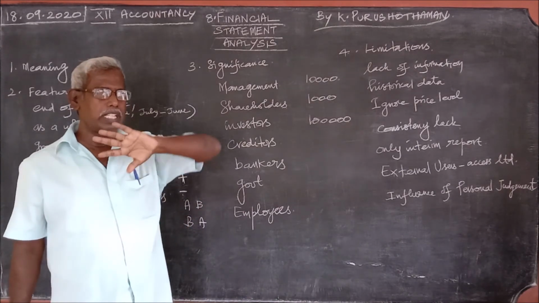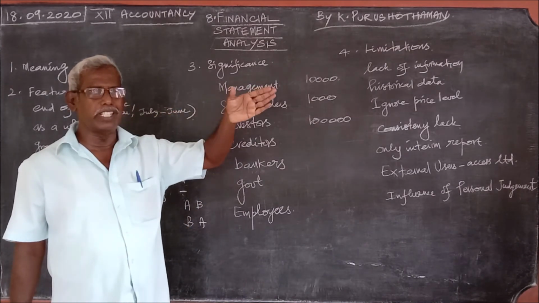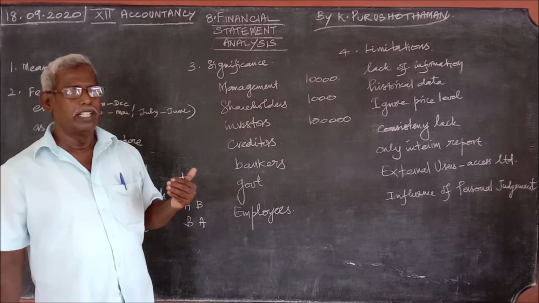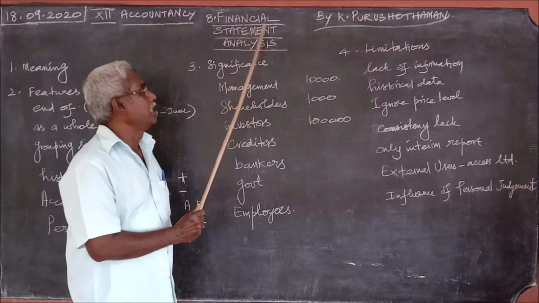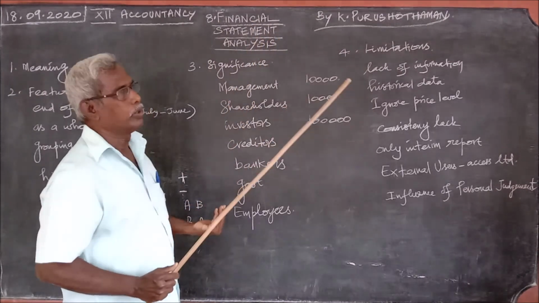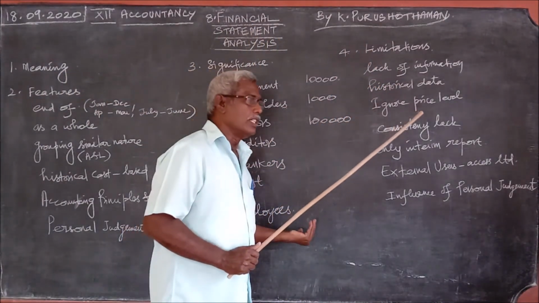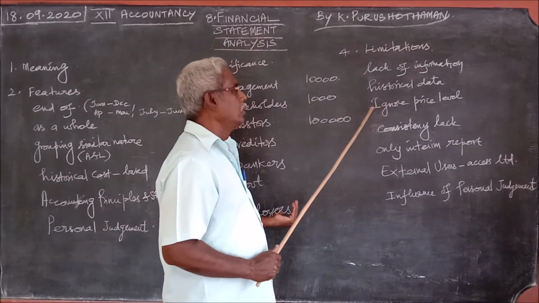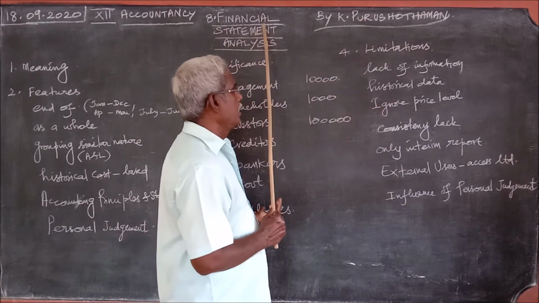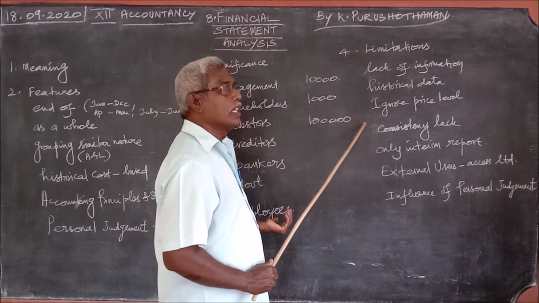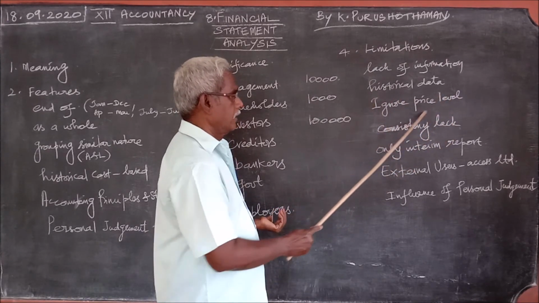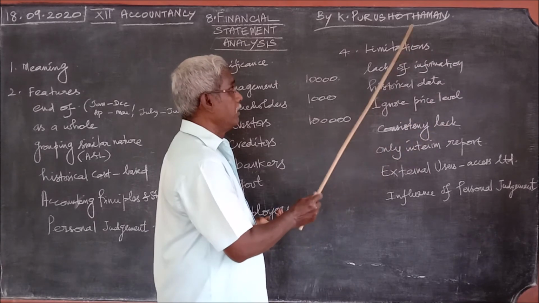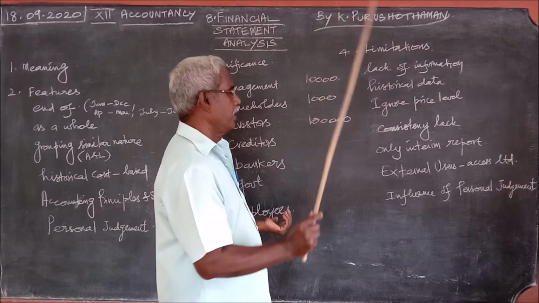So there is fluctuation, there is variation in the prices, and without considering those variations, the financial statement is prepared. Therefore we cannot say this financial statement is 100% good or correct, because they don't consider that price levels change often. So it is one of the limitations or drawbacks.